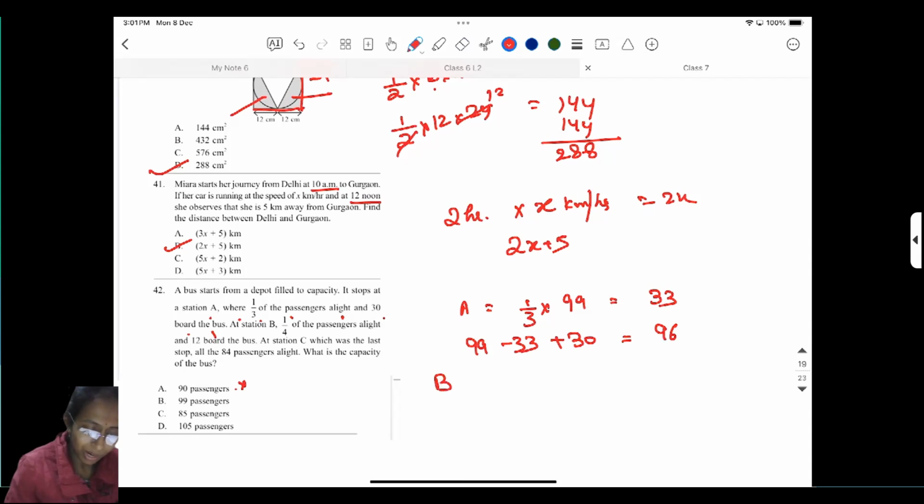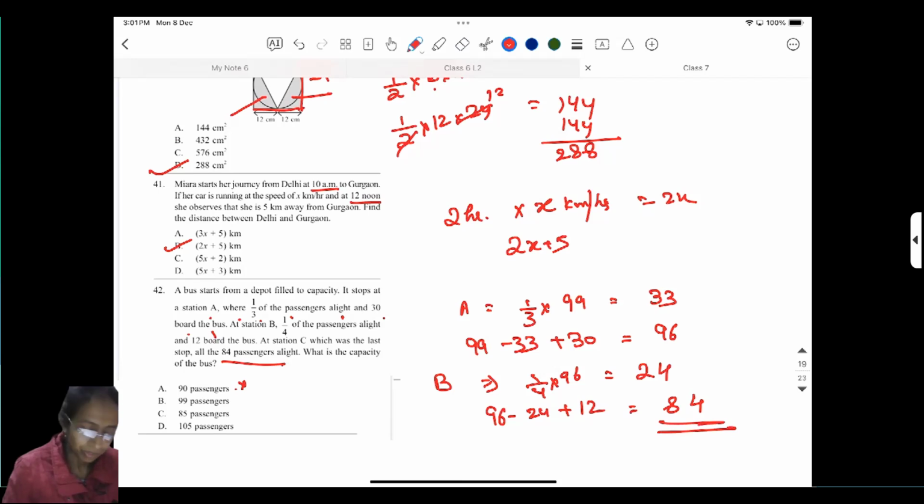Now at B, 1/4 of 96, which is 24, alight. So 96 minus 24 and 12 boarded. That means now the total passengers left are 84. And at station C, all the 84 alight, which is the same number. So the answer will be B option.